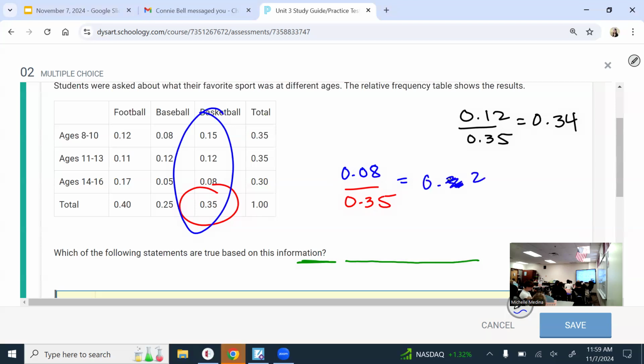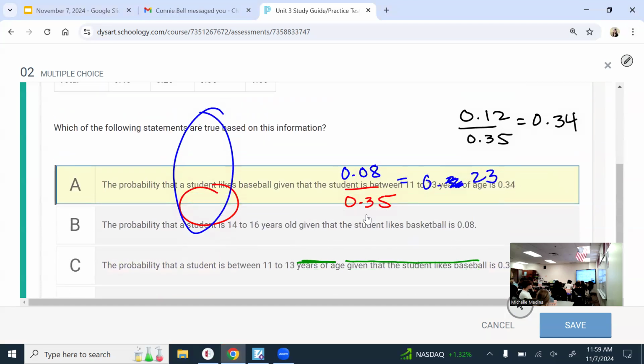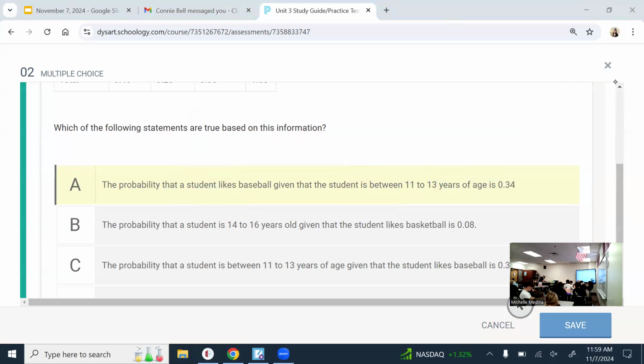Oops, that doesn't look like it. 0.23. And then when I check that answer, it says it should be 0.08, and it's not. That's what it would be if I divided by the grand total, which I did. So questions on this one? Questions on others?